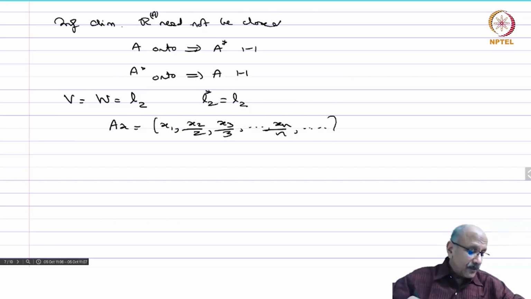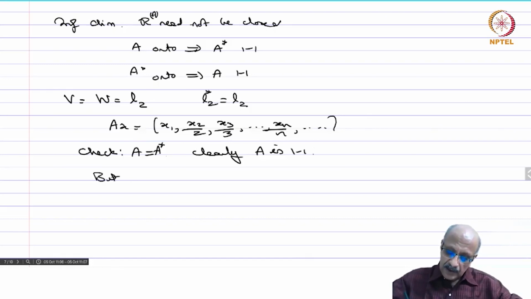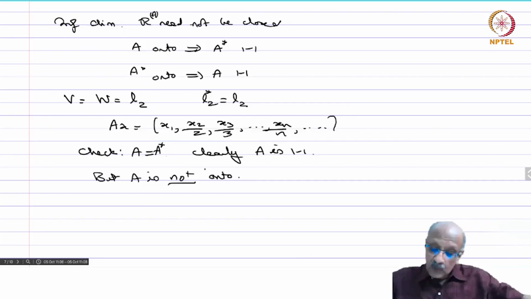Then you can check that A equals A star. So this operator A is 1-1, but A is not onto. What is the range of A?